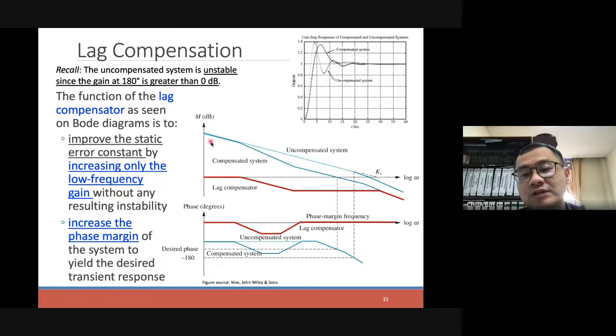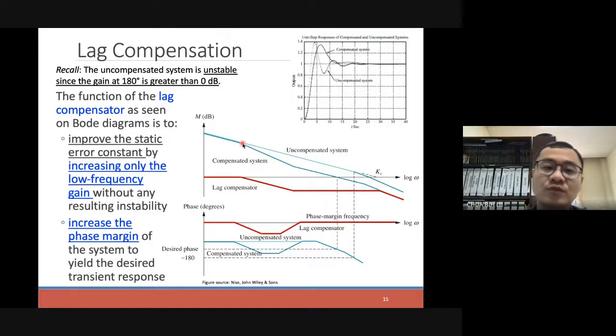So the lighter blue is the original uncompensated system, and this is the lag compensator that we intend to incorporate into our design. When we total them up, this one has no dB to be added, so it will follow accordingly. But this one will decrease.